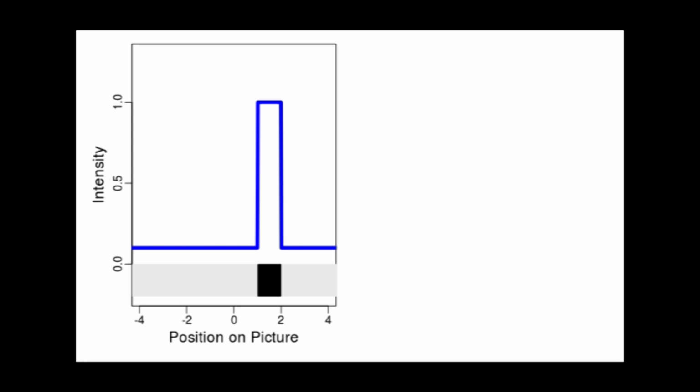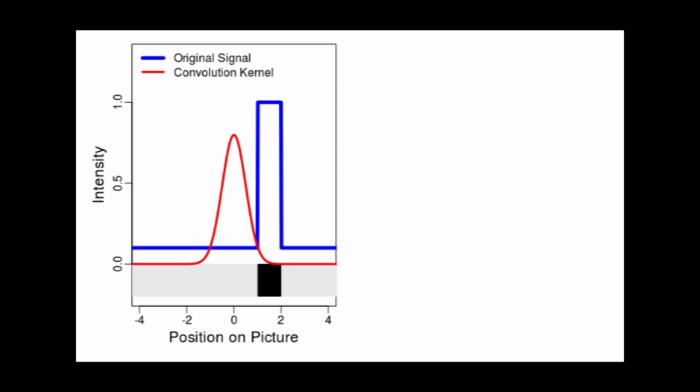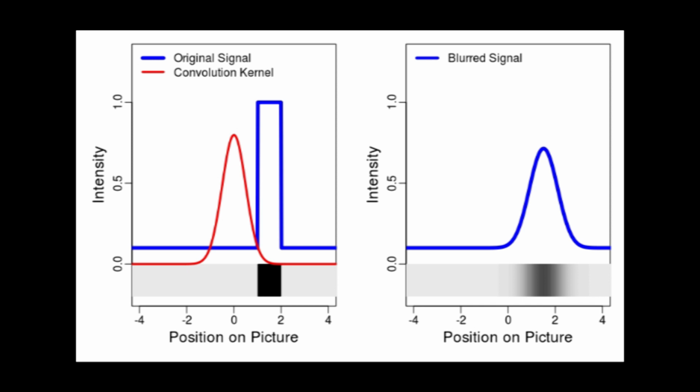The convolution is based on a so-called convolution kernel, which is simply a function that determines how the actual smoothing of the picture will take place. In this case, it is a normal distribution, and if we perform the convolution, we will get a blurred picture, which is a blurred pixel at the bottom, and also a function that is like a normal distribution at the top.